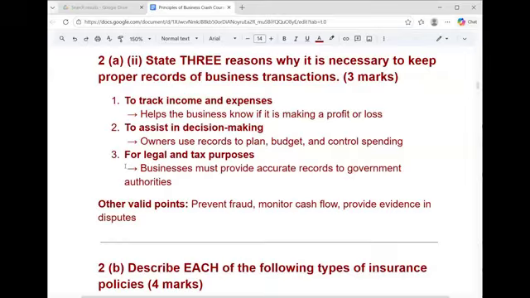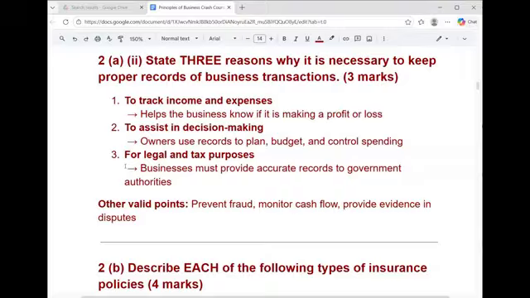Imagine the records are inaccurate and the figures are shown less. The company would be charged a lesser tax, which can later lead to penalties and additional fees, which is not going to be good for the business.